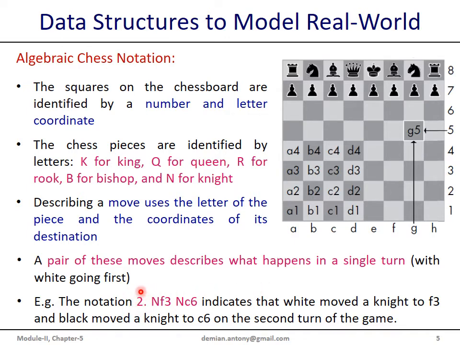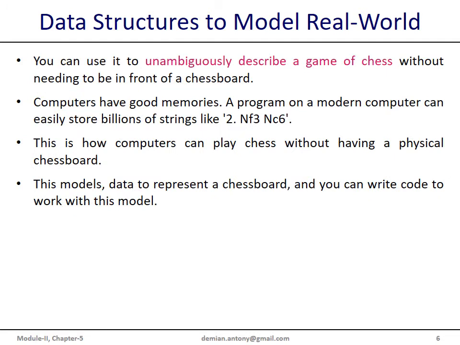The first segment of this notation is the turn of the game. The second one is the white chess piece movement, and this is the black chess piece movement. The algebraic chess notation unambiguously describes the game of chess even without a chessboard.